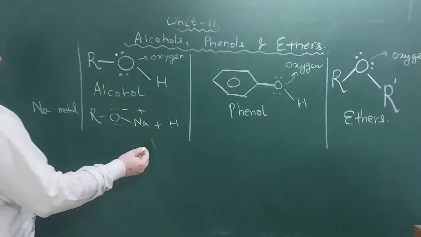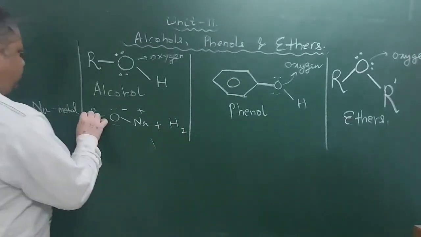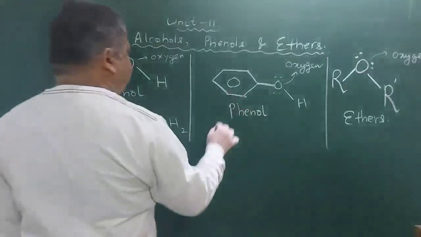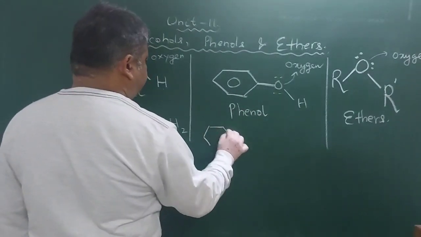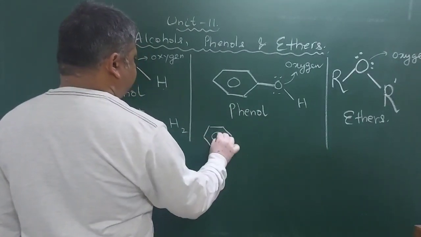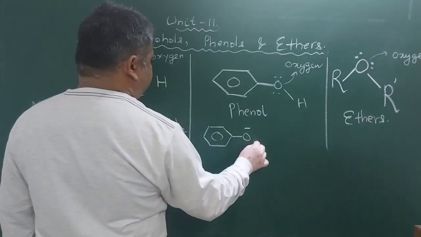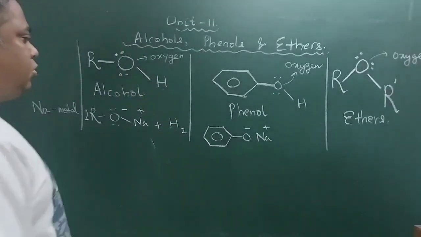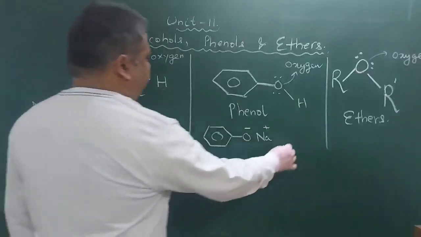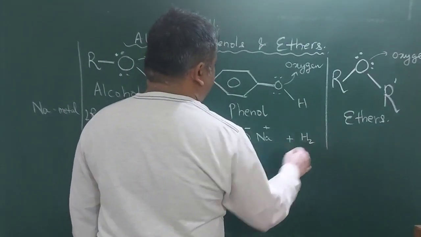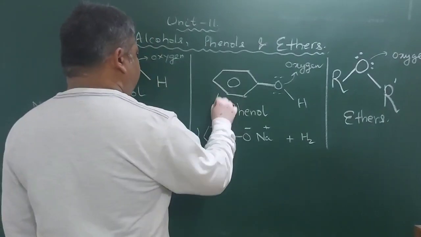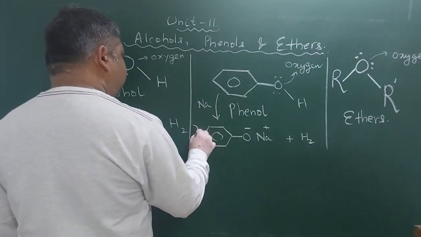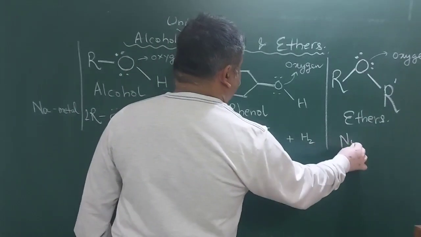You can always balance it by multiplying by 2. Same case here: sodium phenoxide can be formed and hydrogen can come out if it is treated with sodium. But this will give no reaction.